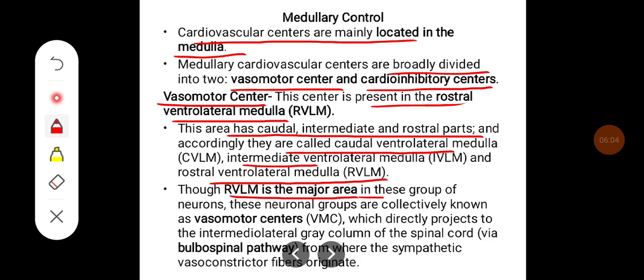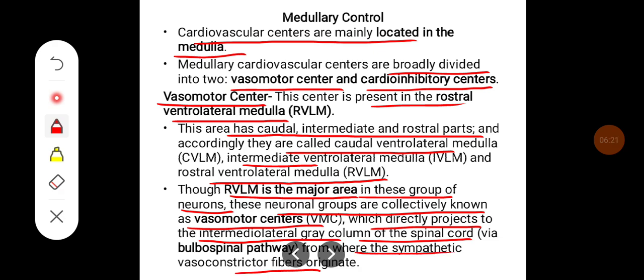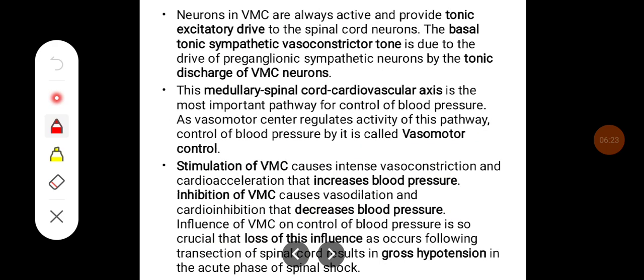Though RVLM is the major area, these groups of neurons are collectively known as the vasomotor center, which directly projects to the intermediolateral gray column of the spinal cord via the bulbospinal pathway, from where the sympathetic vasoconstrictor fibers originate.